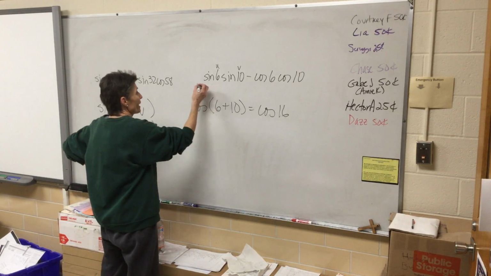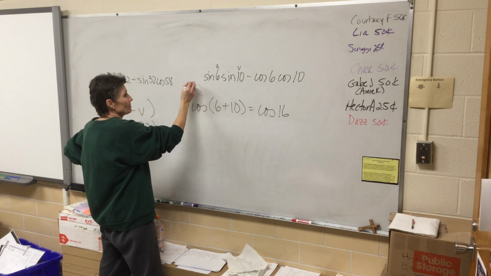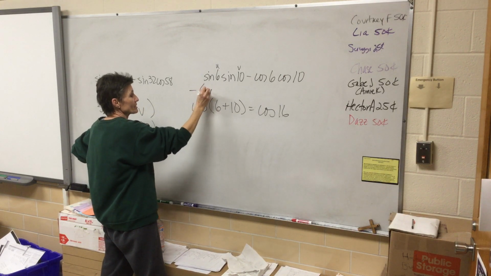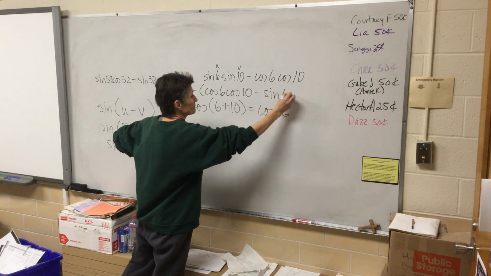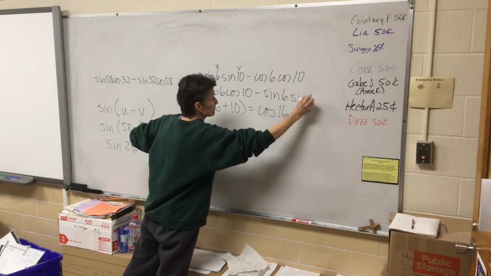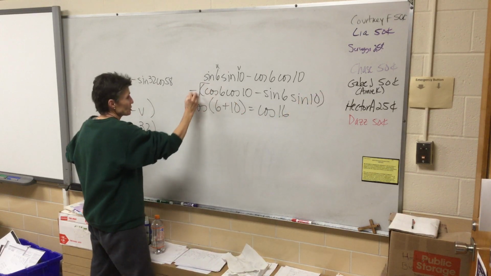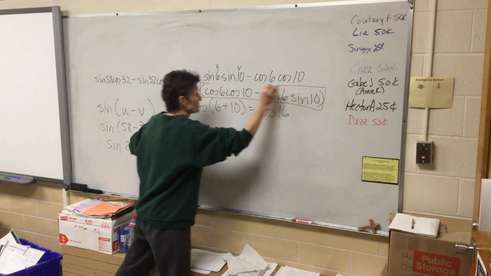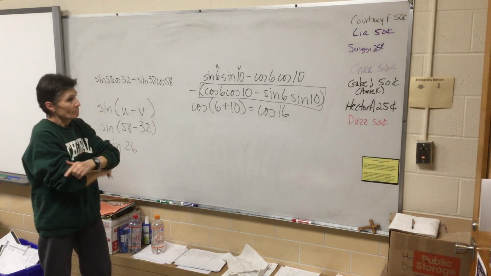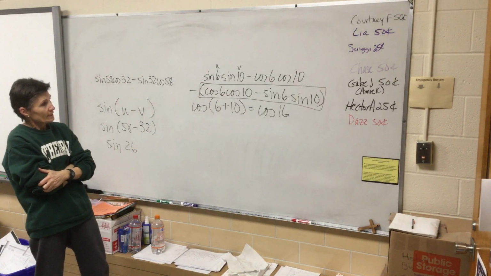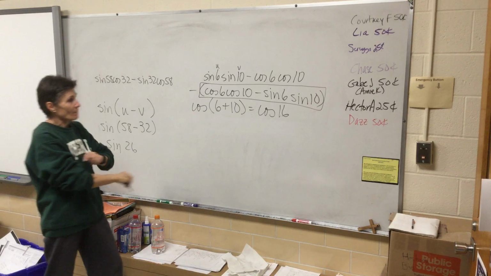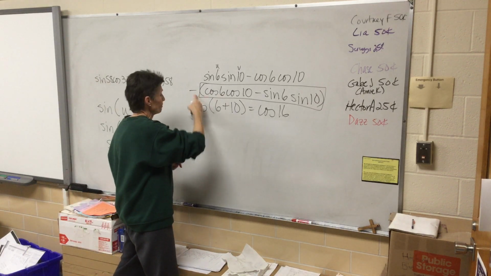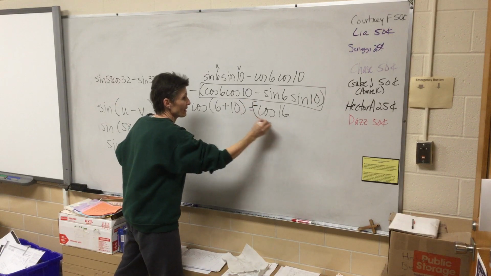I think it is going to matter, because I need the cosine to be first. This is the actual formula that's written on the paper, isn't it? Cosine, cosine minus sine, sine. So I'm still going to be adding these together, but it's backwards, so I have to put a negative out in front.